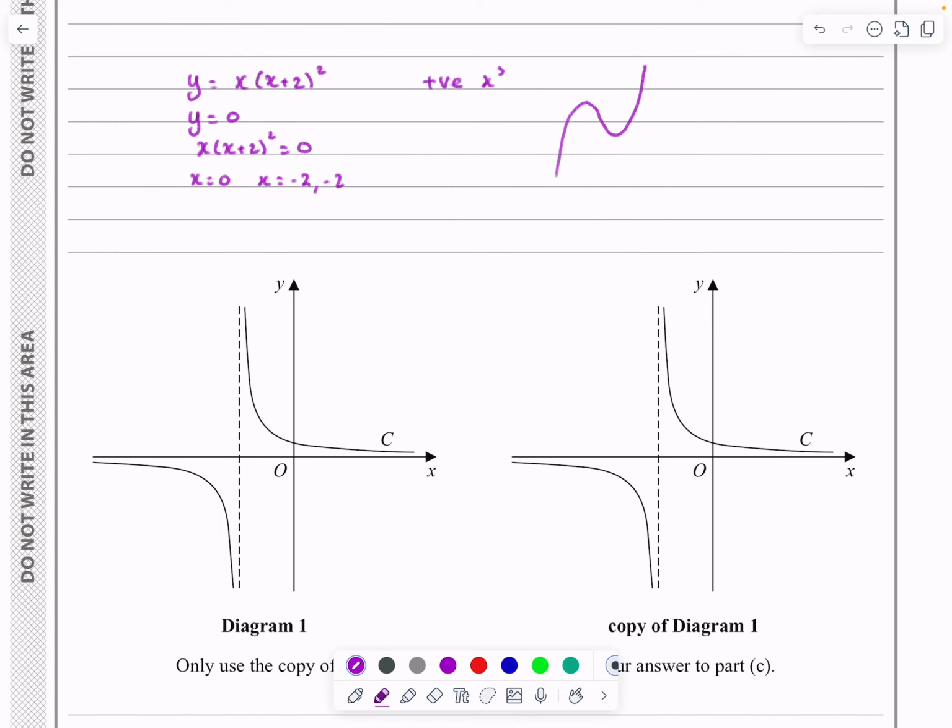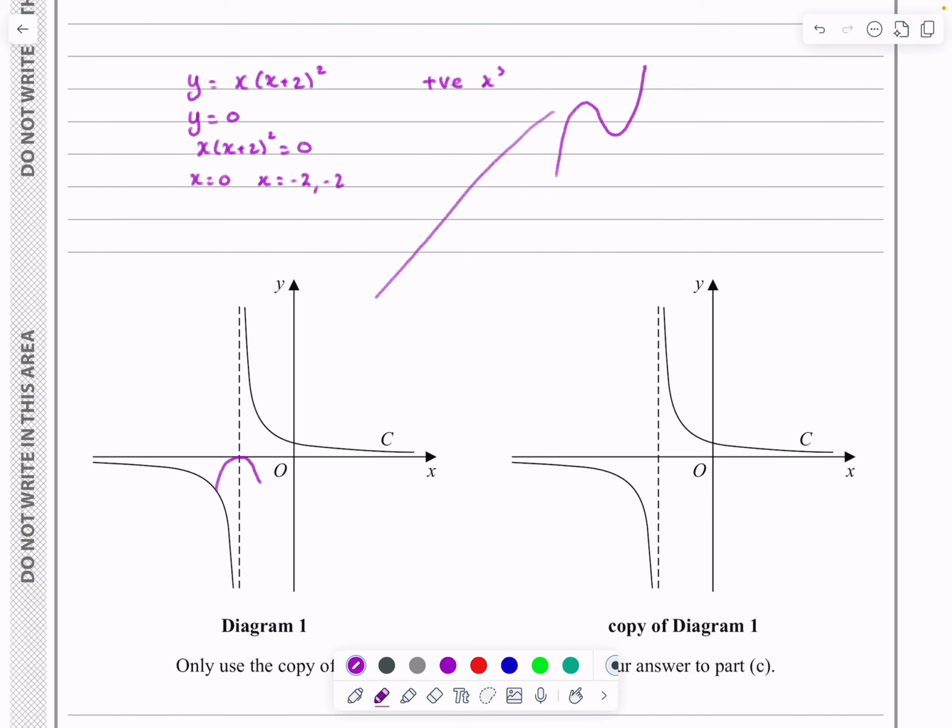What that means is that when I draw that on my actual graph then, if it's repeated, so x equals minus 2 is that point there, isn't it? We've just talked about that. At that point there, my graph is just going to touch and then come back down again. So that's what the graph's going to look like.